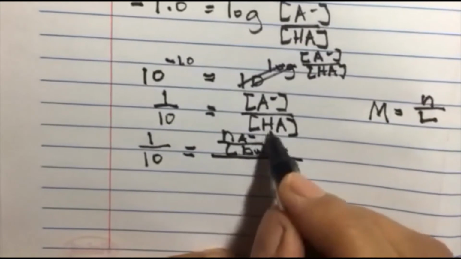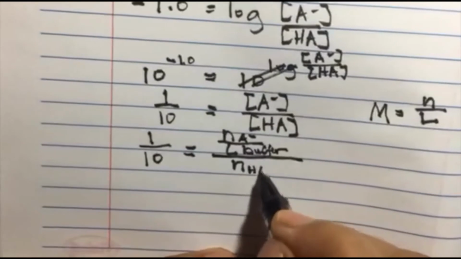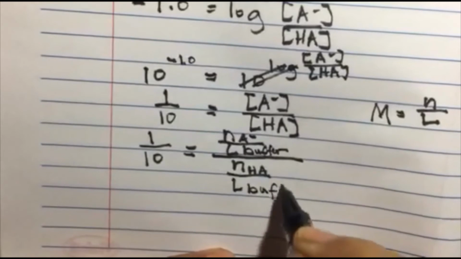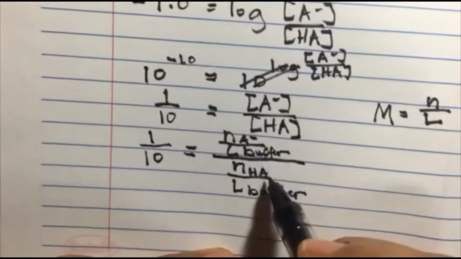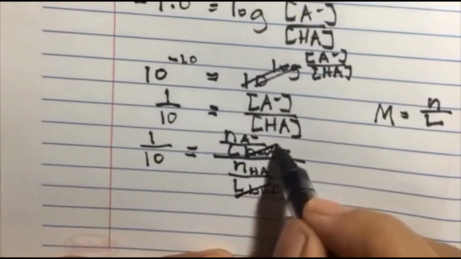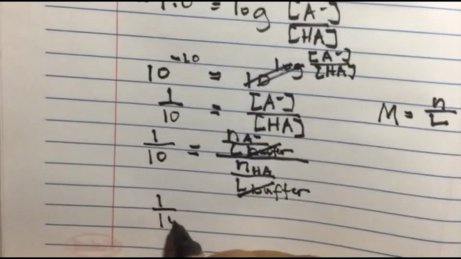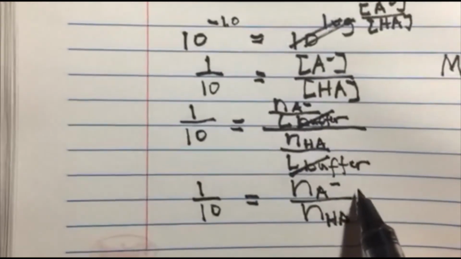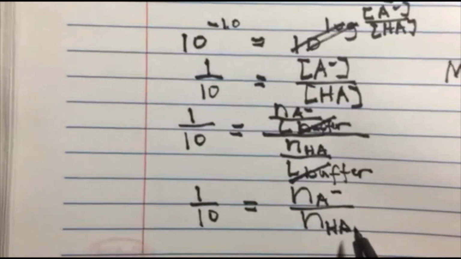The same goes with the acid: moles of the acid per liter of the buffer. And since all of these will be in the same buffer solution, the liter of buffer solution cancels out, and the equation will be simplified into 1 over 10 equal to the number of moles of the conjugate base over the number of moles of the acid.